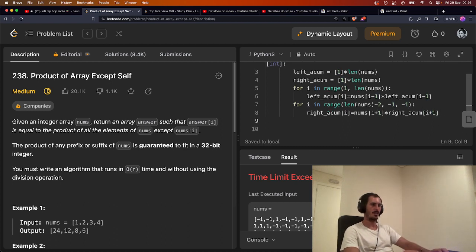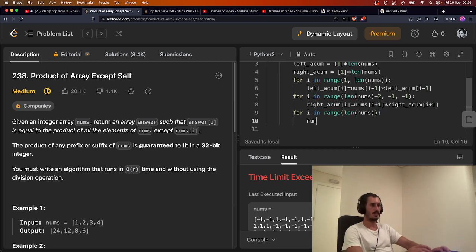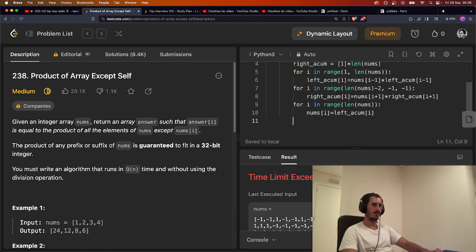And now to end this, for i in range length of nums, now we can replace the nums array we have. Nums of i equals left accumulator of i times right accumulator of i. Then at the end we just return nums.